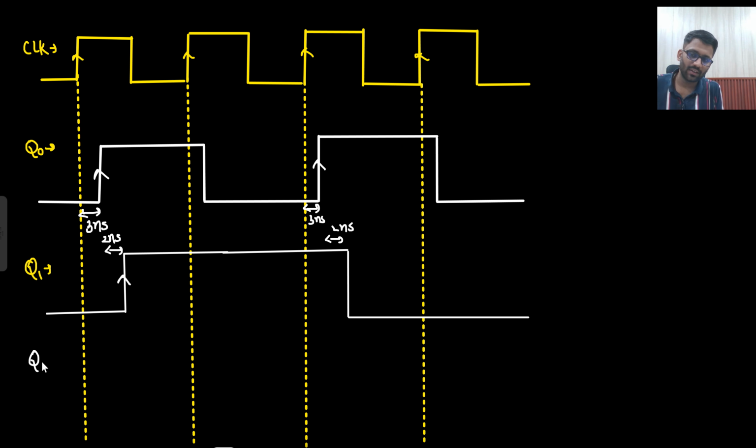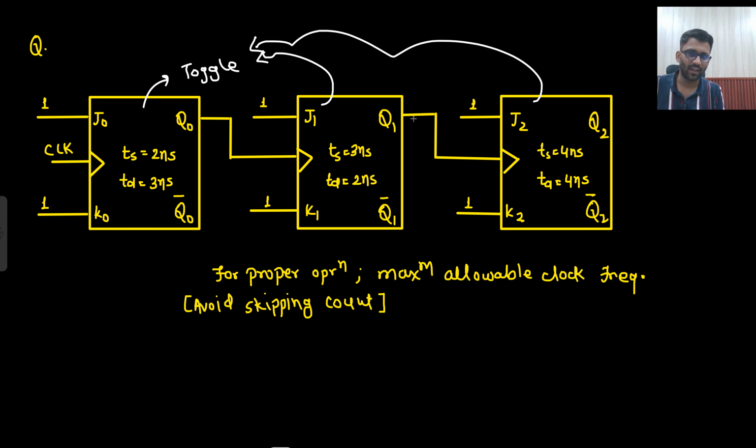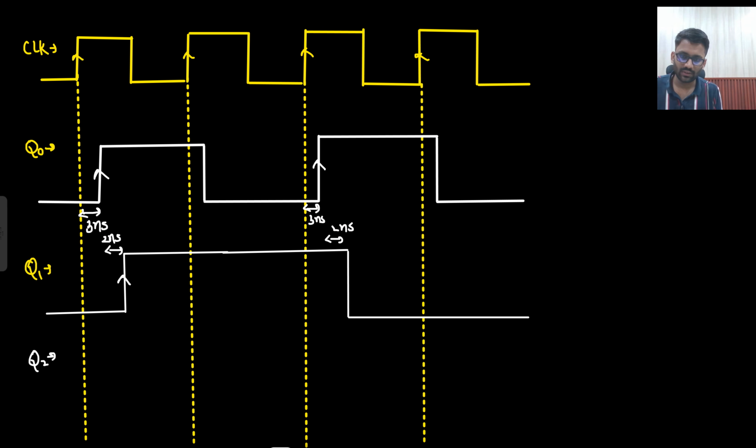Now when Q1 toggles, Q2 will say that I will toggle at the rising edge of Q1, but after 4 nanosecond more. So here I am going to toggle.